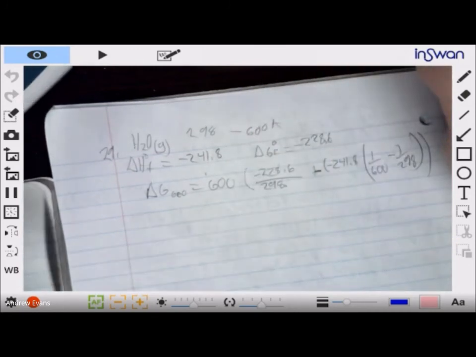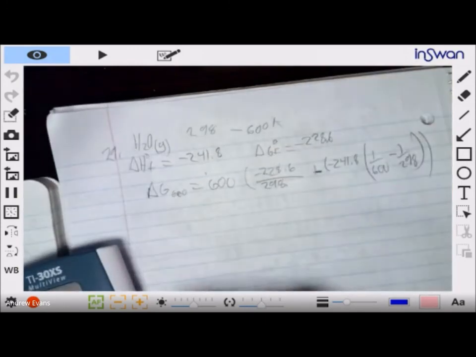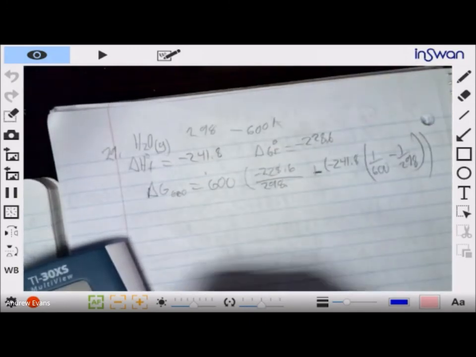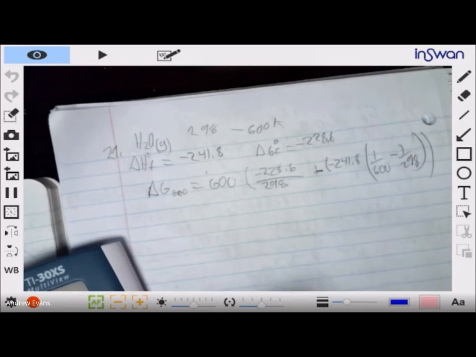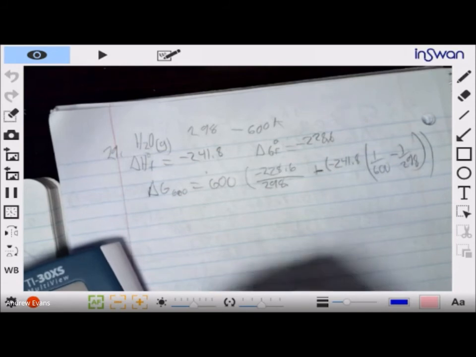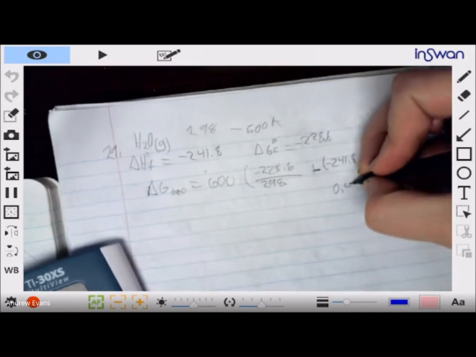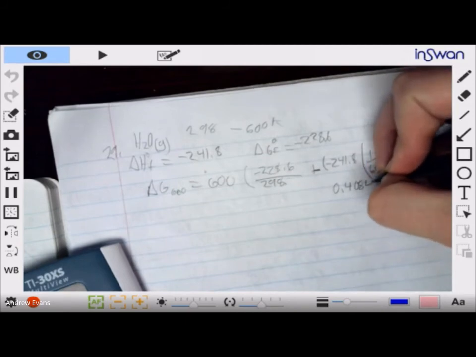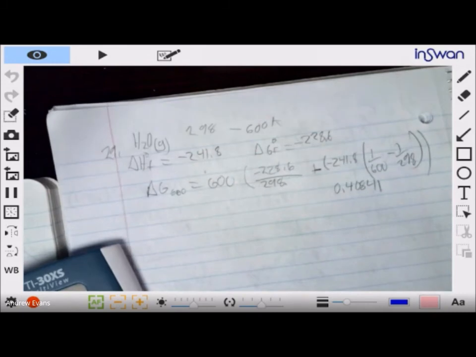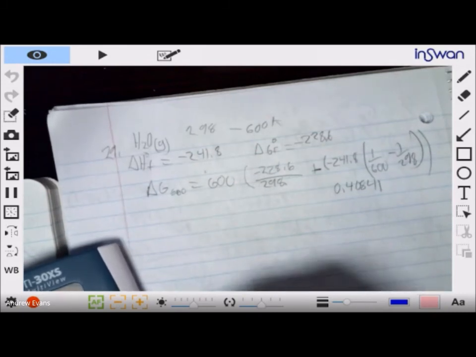So you do that. Plug this in. Let's get the right term, negative 241.8 times 1 over 600 minus 1 over 298. That term is 0.4084. We'll say 1. And then we have negative 228.6 divided by 298.